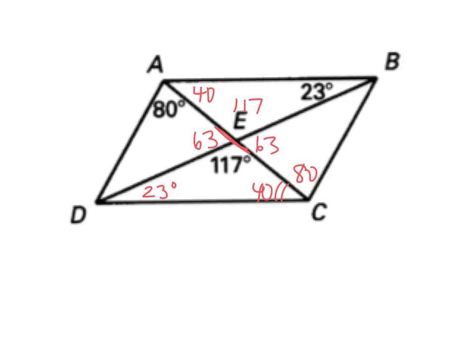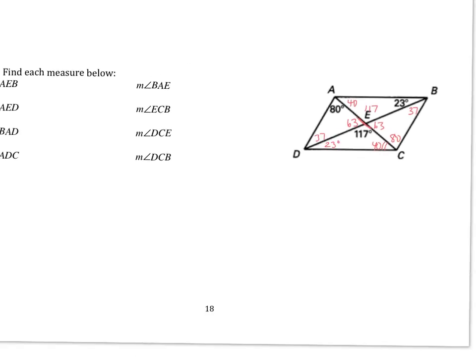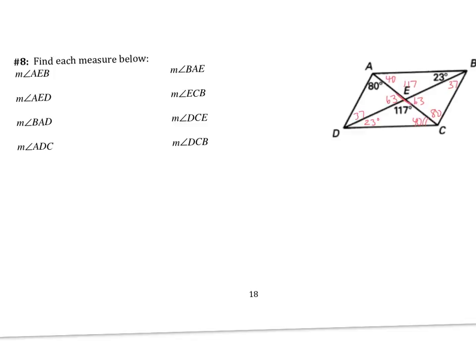So what are the angle measures next to the 23s? What'd you get? 37, and then alternate interior angles 37. Notice a lot of the angle measures end up being the same because of alternate interior angles, vertical angles, etc. In some cases, it just comes down to adding them together.